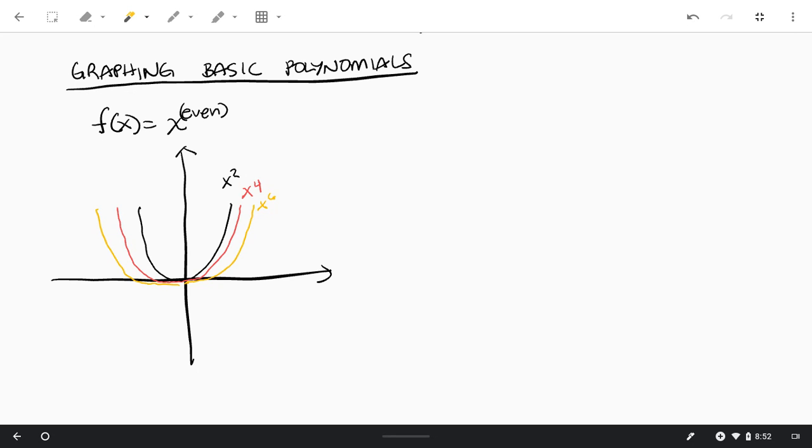And then the same thing with odd exponents.